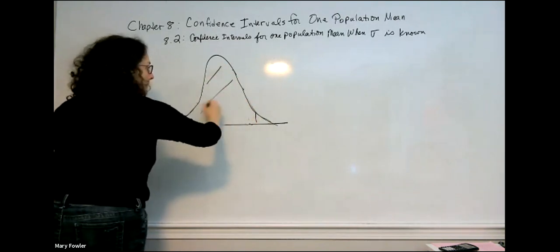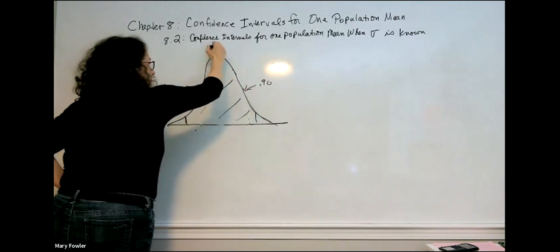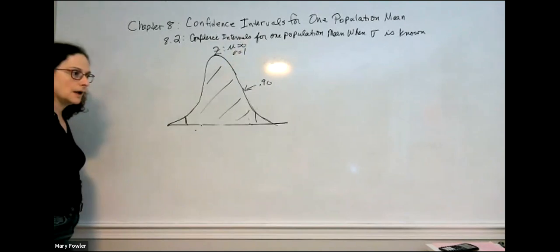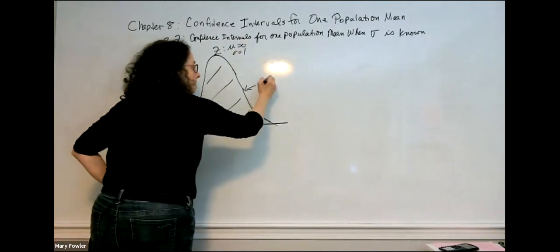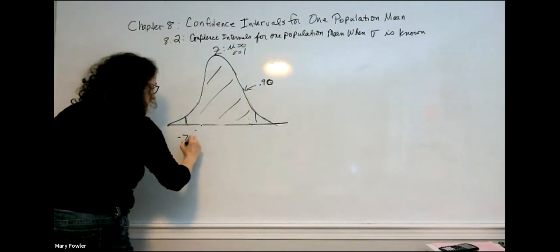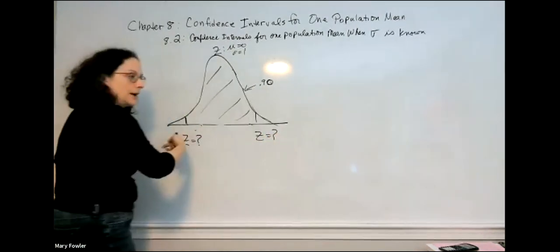So we do 90% here. The question is, we know that this is some negative value and this is some positive value. They're opposites of each other.